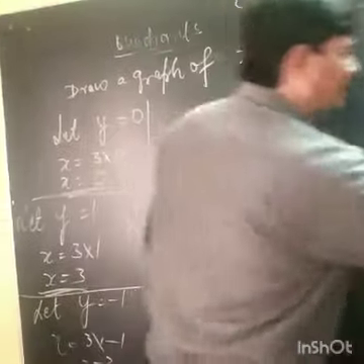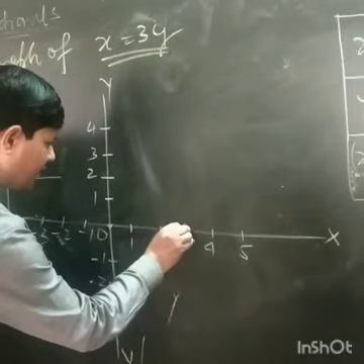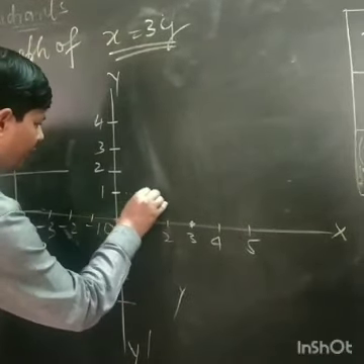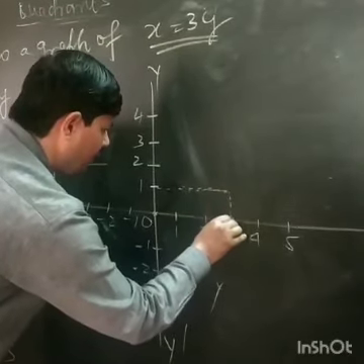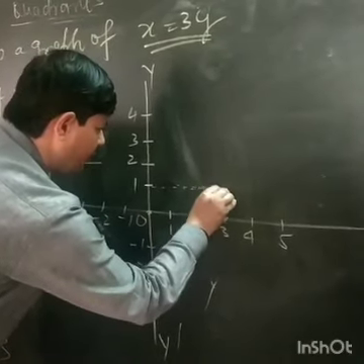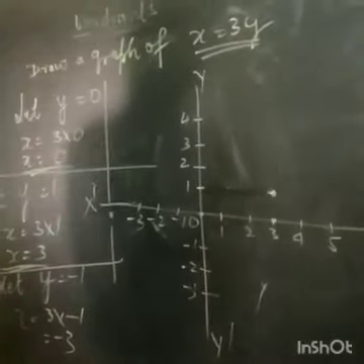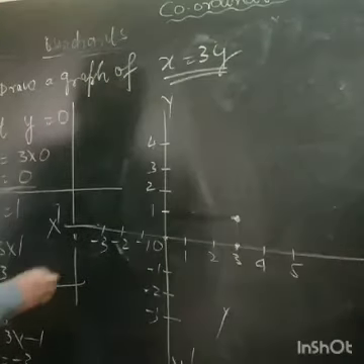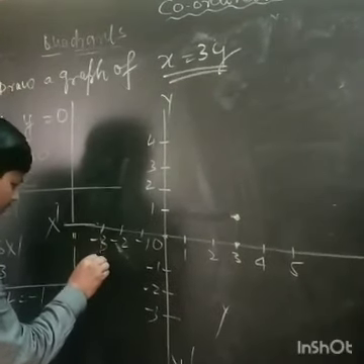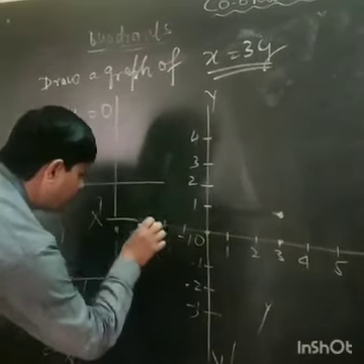Then 3, 1. That means 3 units distance on the x-axis and 1 unit distance on the y-axis. Mark them nicely. So this is the point. Am I clear to you? Second, x is -3, then y is -1, so somewhere like this.